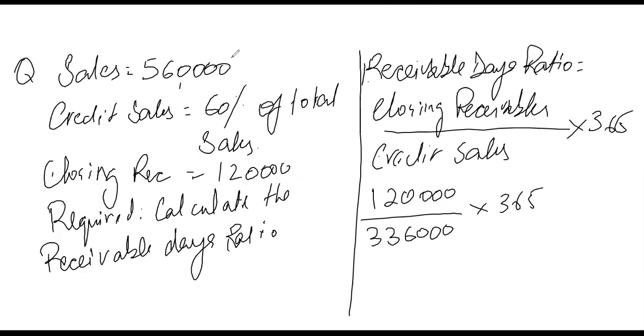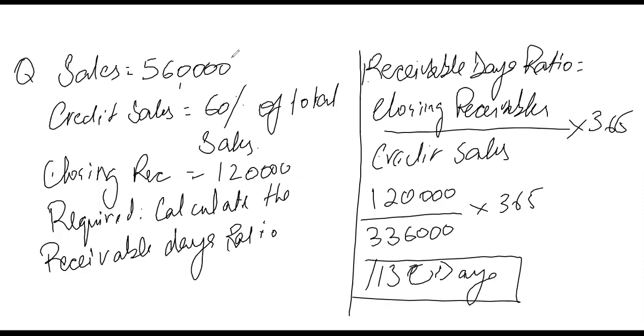I guess 60% of, yes, it's 336. So 120 divided by 336 whole multiplied by 365. I'll be getting an answer of 130 days in order to receive my amount of money.